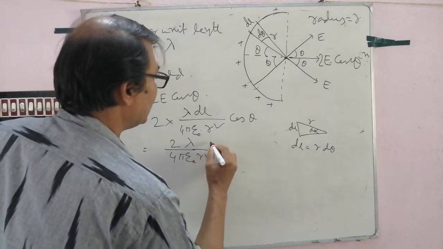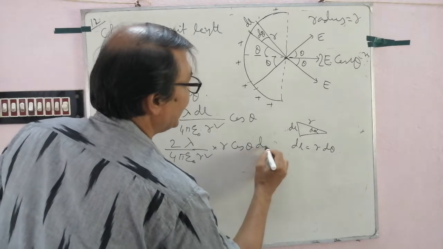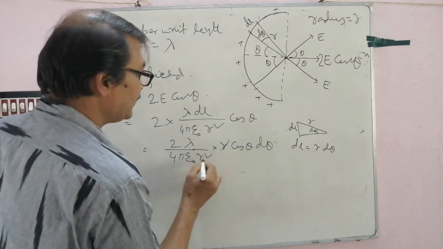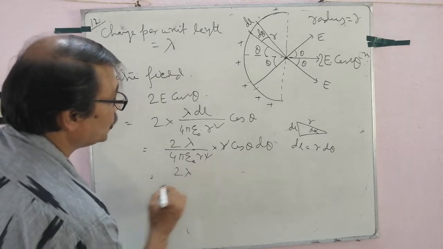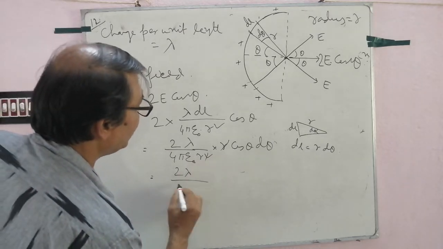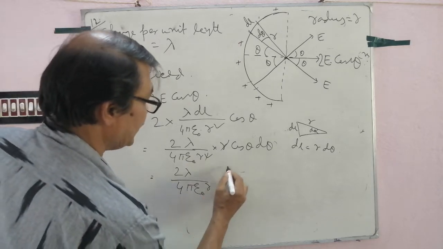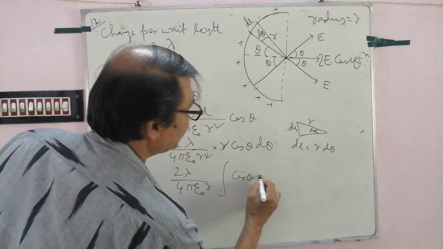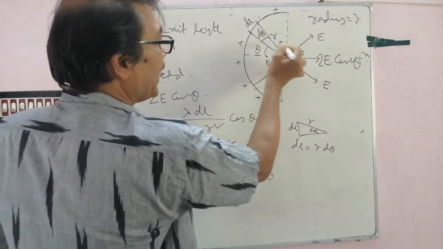Here, r cos theta d theta, these are cancelled. So the total electric field is 2 lambda by 4 pi epsilon naught r, integration of cos theta d theta from 0 to pi by 2.